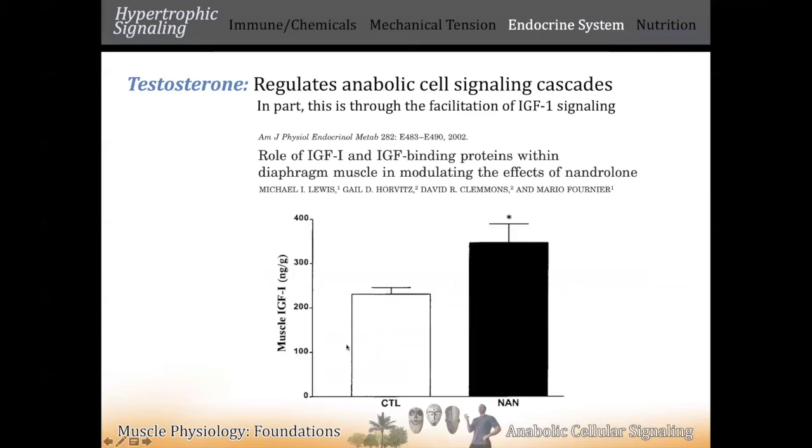So when you see a control group, you're not receiving nandrolone, you're not receiving this exogenous steroid, right? This isn't an endogenous thing. This is, let's give rodents exogenous steroids, and you see more muscle IGF-1, more of it.